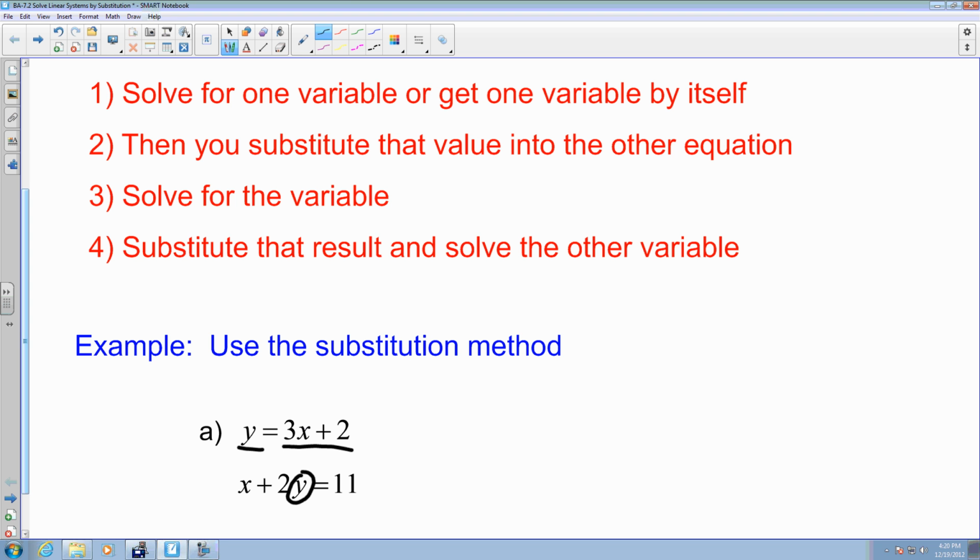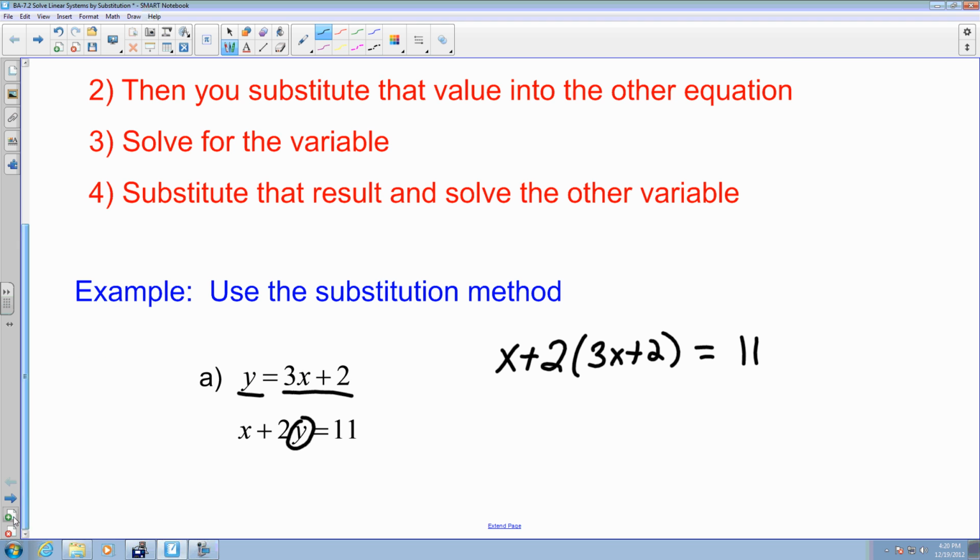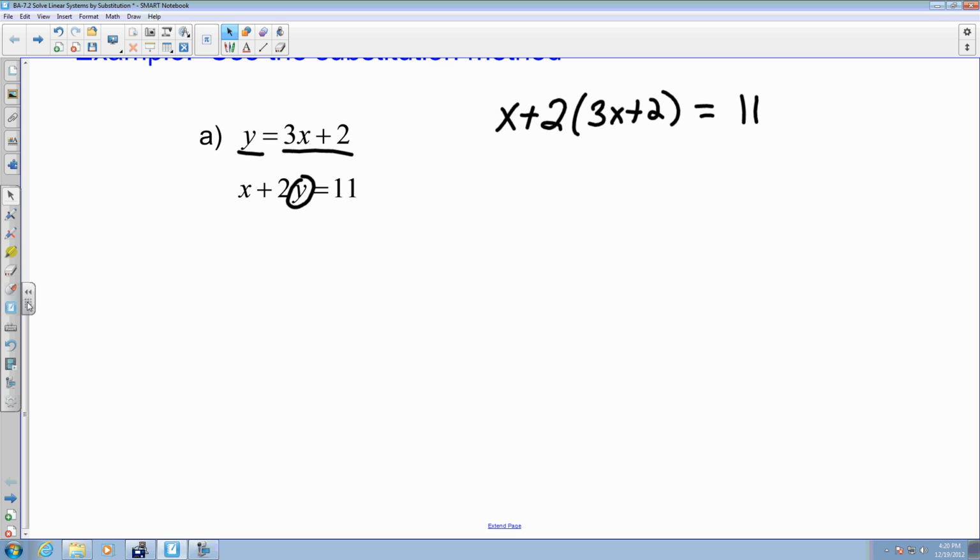So I'm going to rewrite this equation as x plus 2 times 3x plus 2 because that equals y, all equals 11. Let me get some more room. Let me extend the page. There we go.